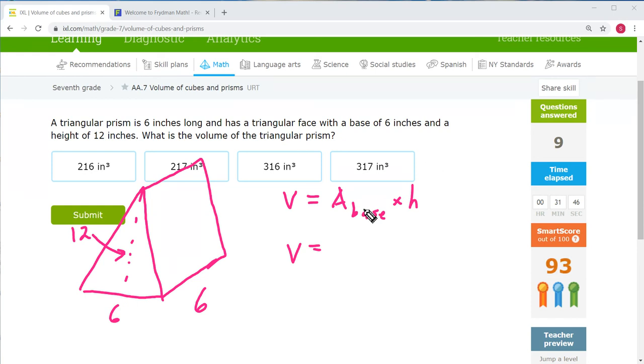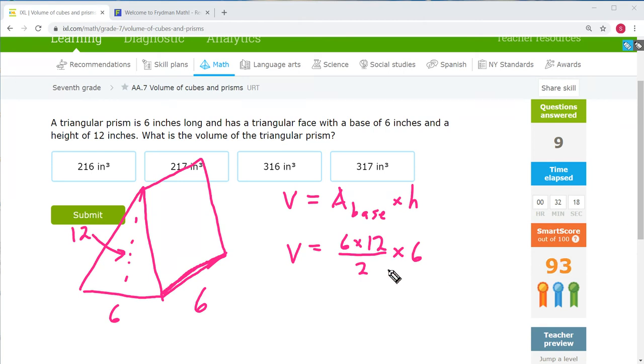The area of the base, meaning the area of the triangle over here, would be 6 times 12, or 12 times 6 if you want, all over 2. And then we're going to multiply by the height, by which we mean this length over here, which is 6. So let's see. If we do 6 times 12 divided by 2, that's going to give us 36.